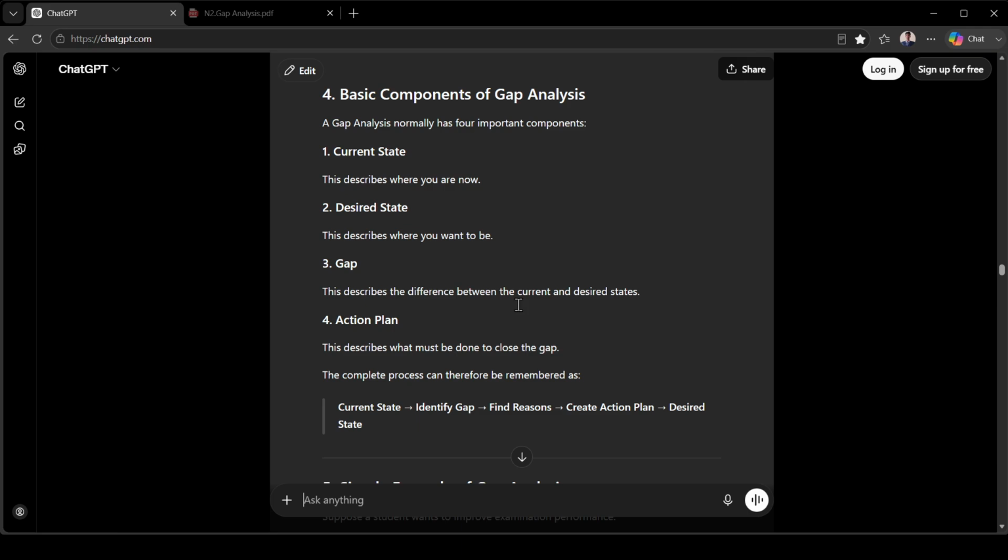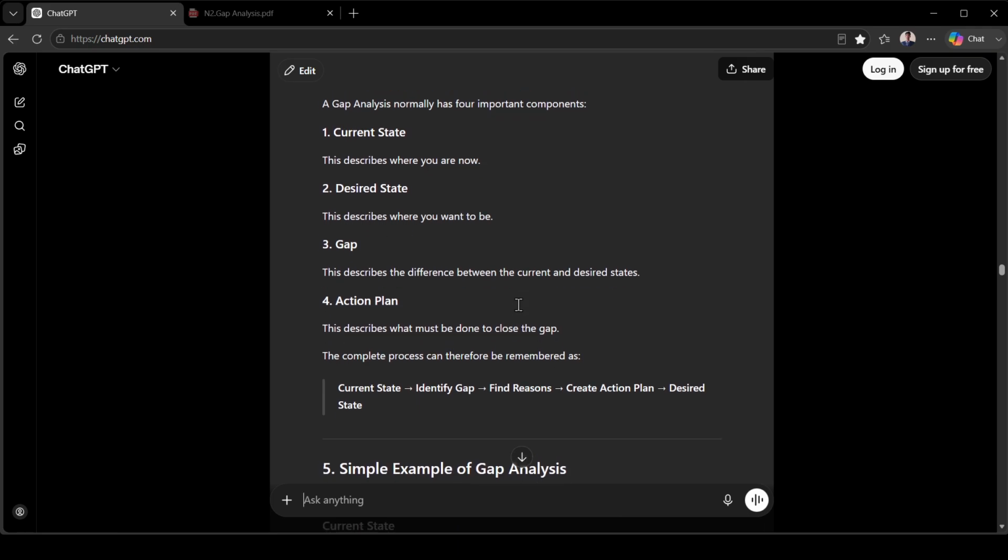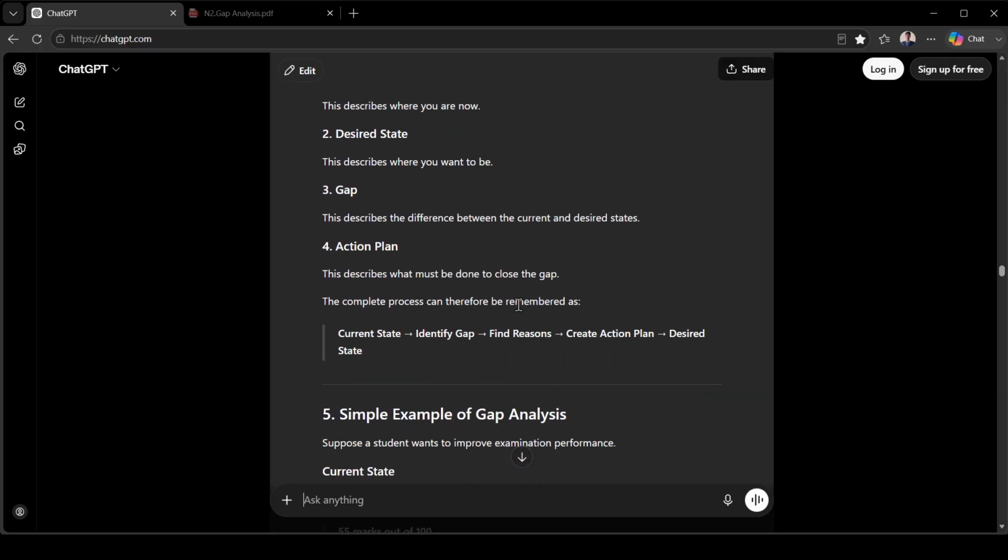Then the fourth one is the action plan, which describes what must be done to close the gap. The complete process can therefore be remembered as current state, identify gap, find reasons, create action plan, desired state. That is the simple thing.